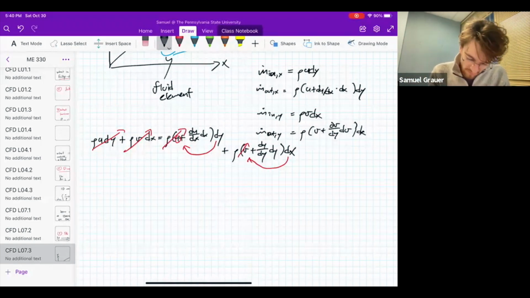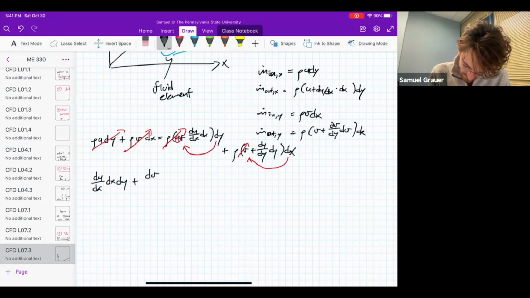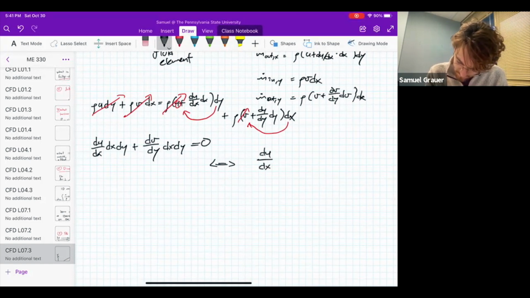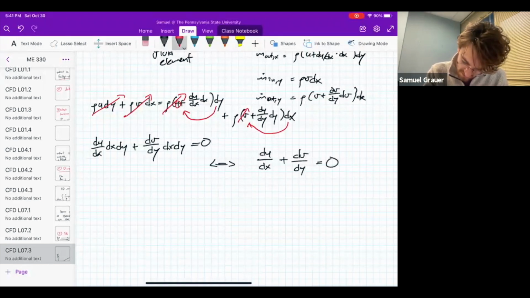And when we do that, what we'll be left with is du/dx times dx dy plus dv/dy times dx dy as well, which is like a differential area of this little fluid element, equals 0. Alternatively, we can write this more succinctly by dividing out by that area, and we can say that we have du/dx plus dv/dy is equal to 0. That is mass conservation.